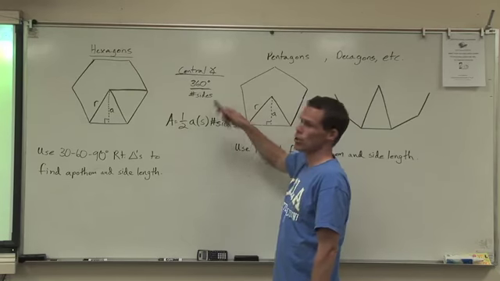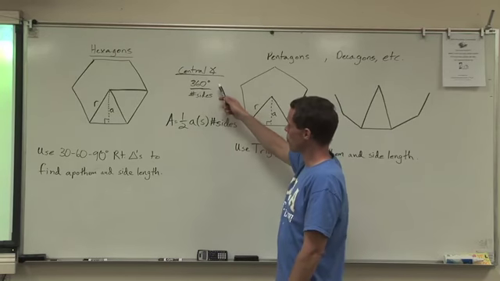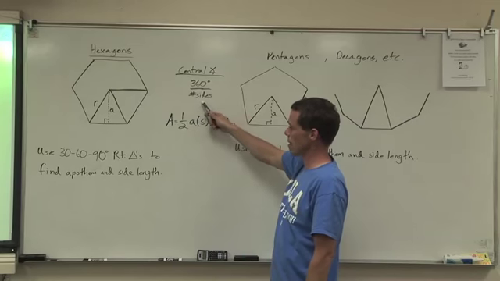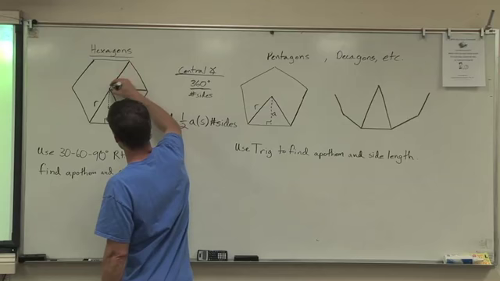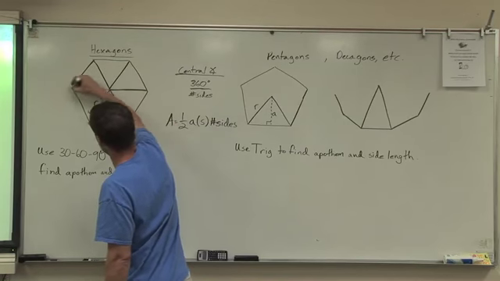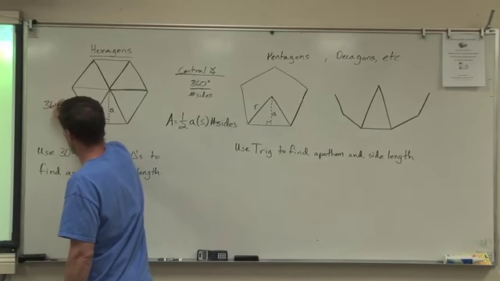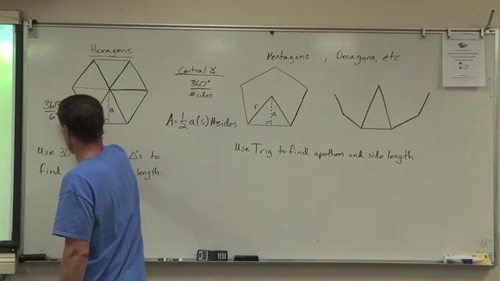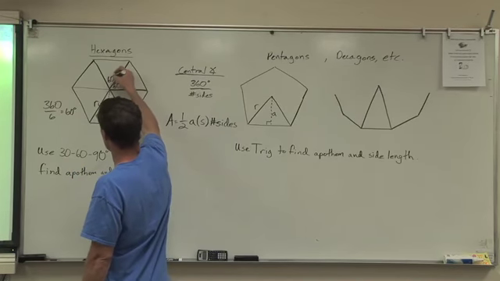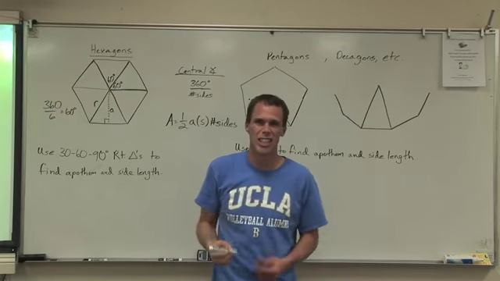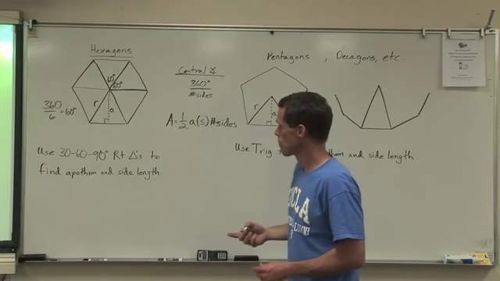The central angle, which we learned first semester, is 360 degrees divided by the number of sides. Now, for a regular hexagon, 360 divided by 6 is 60 degrees. Every single central angle in here is 60 degrees.